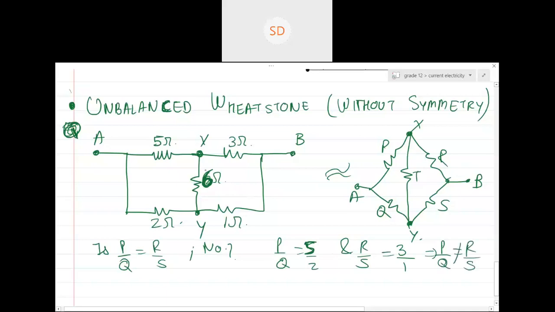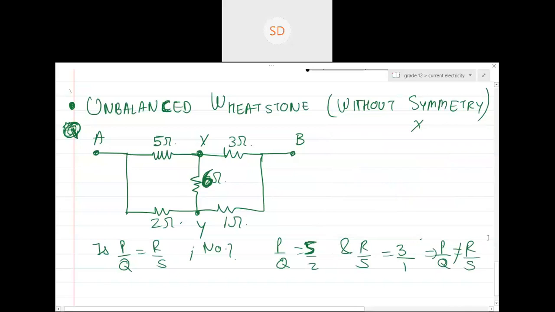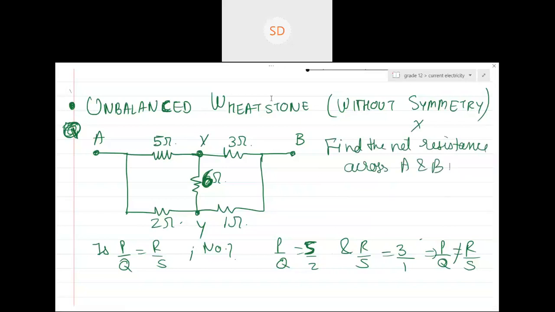So sir, we can't remove this 6 ohm resistor. If we can't remove this 6 ohm resistor, then how will we solve the question? The question is to find the net resistance across A and B. There are two methods: first is using KVL, and the second is using nodal analysis.